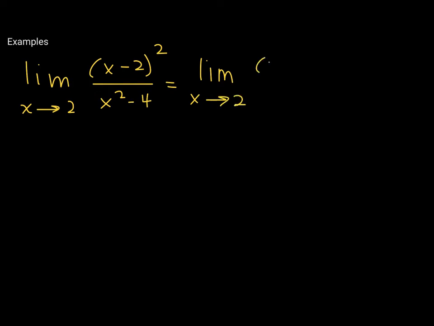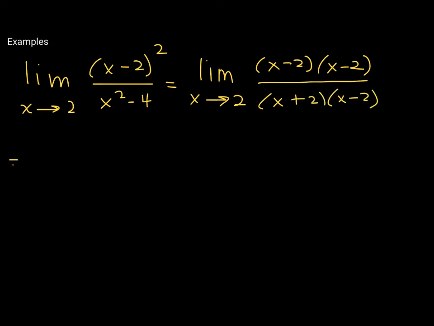We all know that x minus 2 quantity squared means x minus 2 times x minus 2. The denominator, you'll recognize that as a difference of 2 squares. So we can factor that as such. So then this is equivalent to the limit as x approaches 2 of simply x minus 2 over x plus 2. Now, at this point, you can substitute 2 into our expression in order to evaluate the limit.